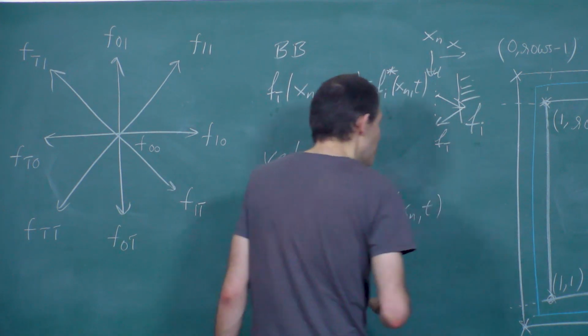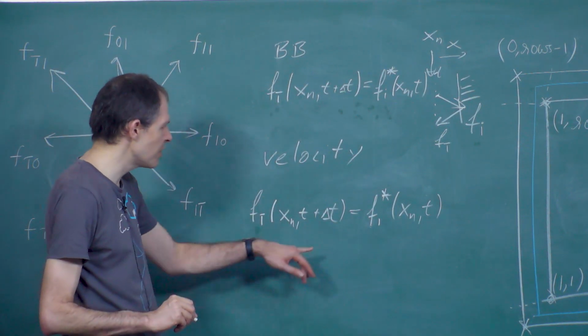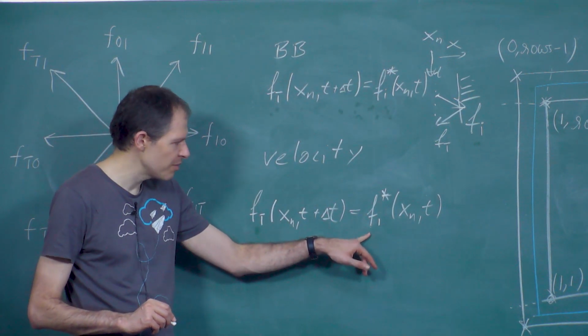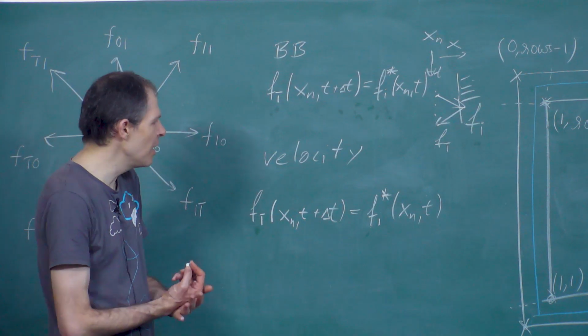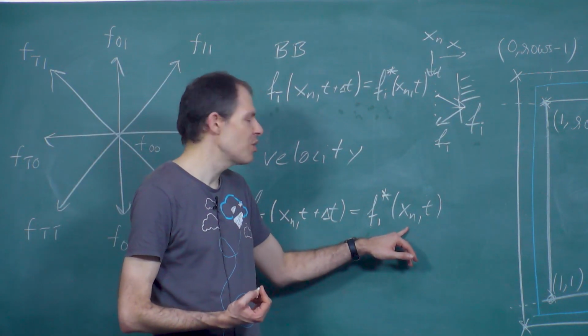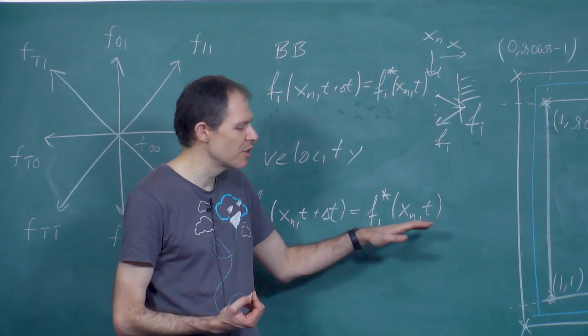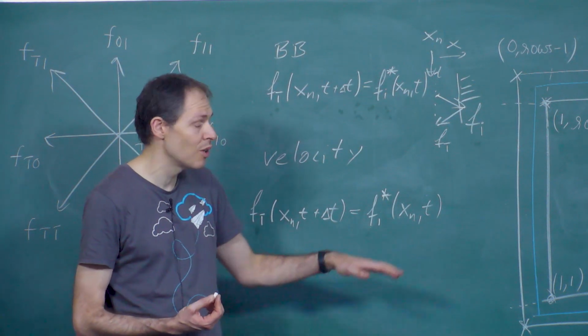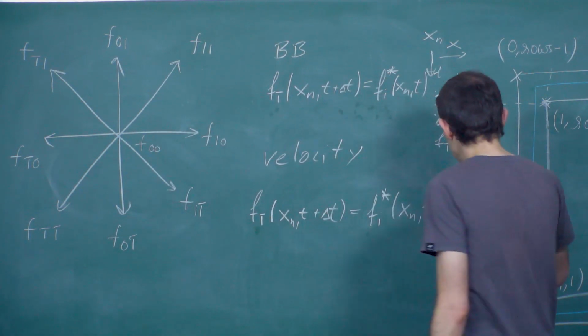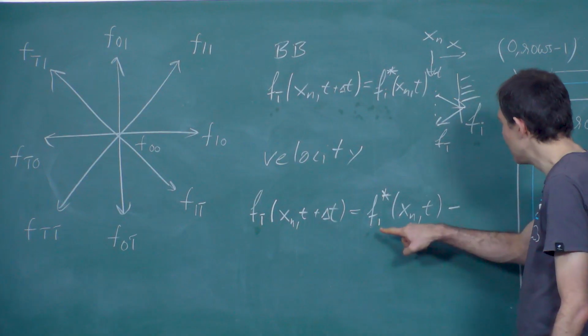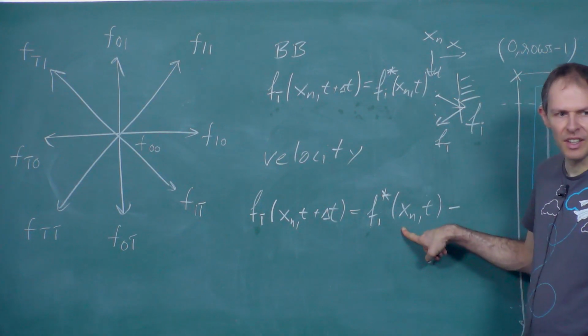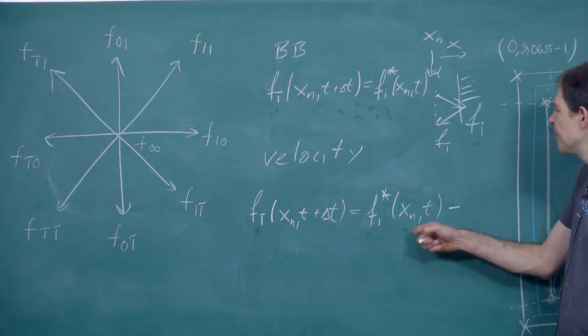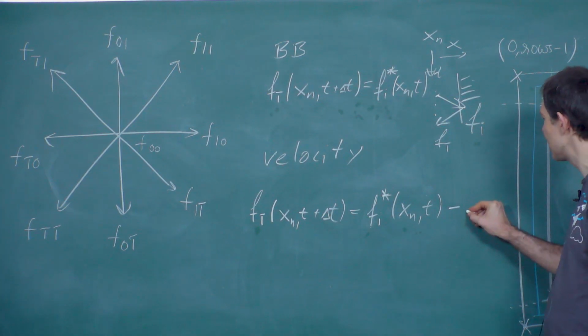And now we want to modify this. And the way we modify this, so we want to set a different velocity. This different velocity can be set by adjusting the equilibrium function of this.